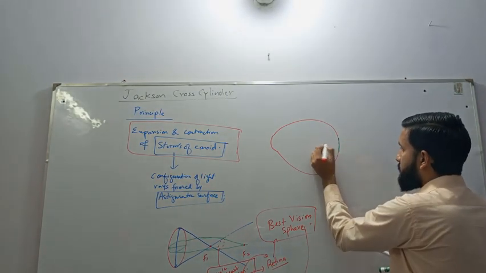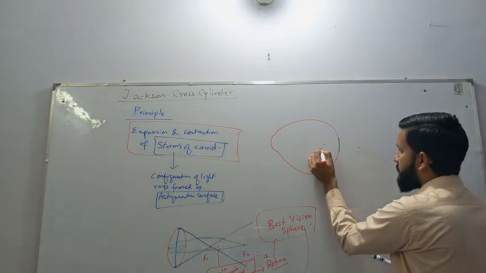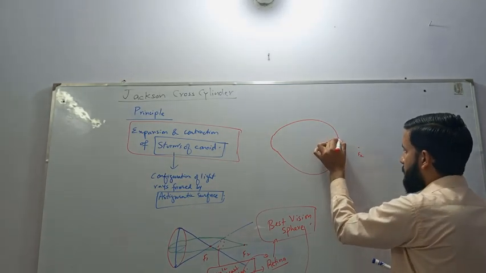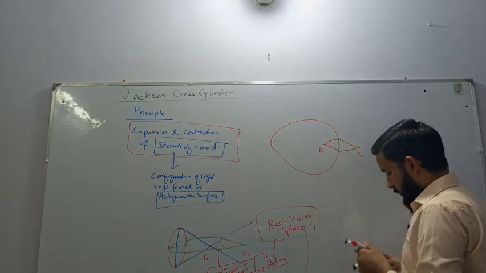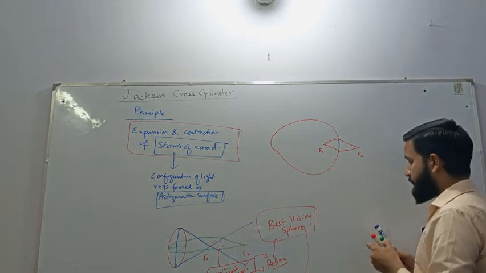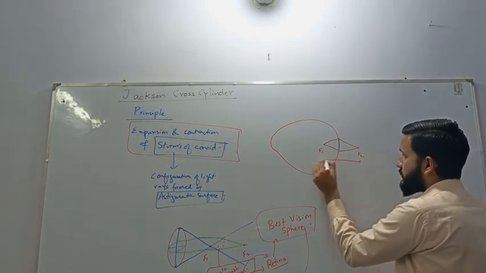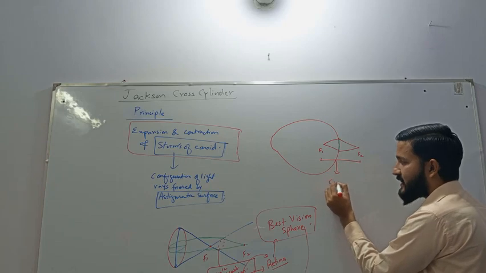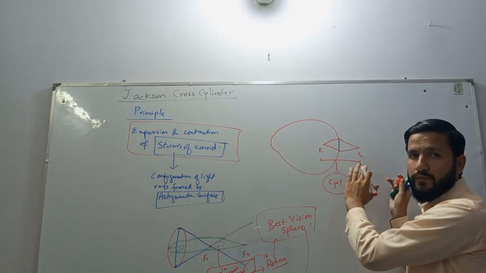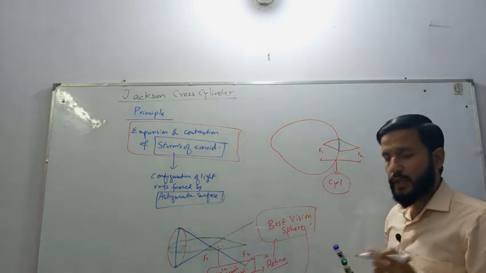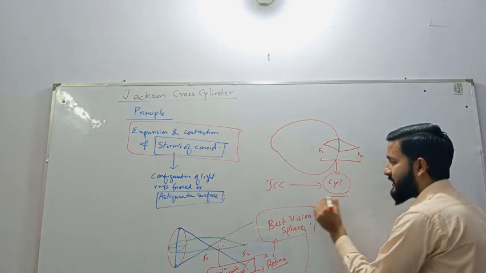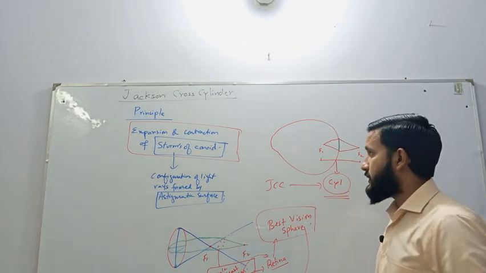F1 will be here and F2 will be there. Now the difference between F1 and F2 shows how much cylinder is required by the patient. Greater the distance between F1 and F2, greater will be the cylindrical correction required. And basically from JCC, we are finding out the cylindrical correction required for the patient.